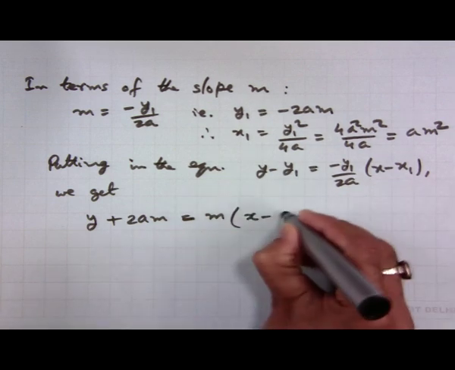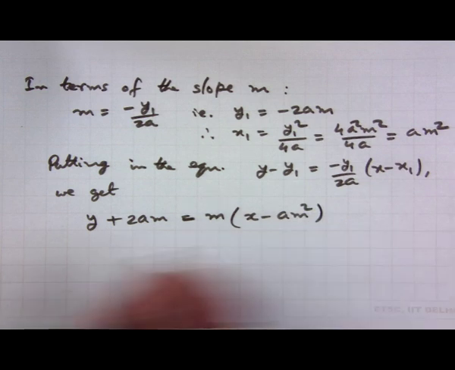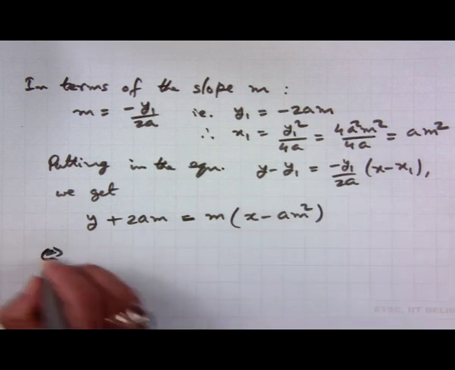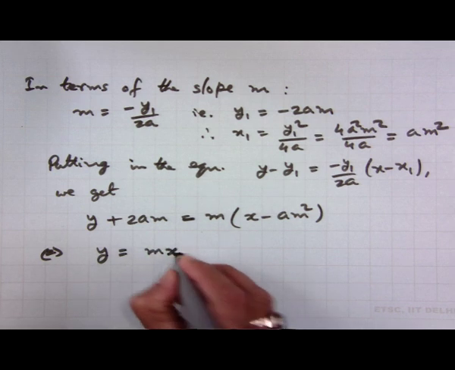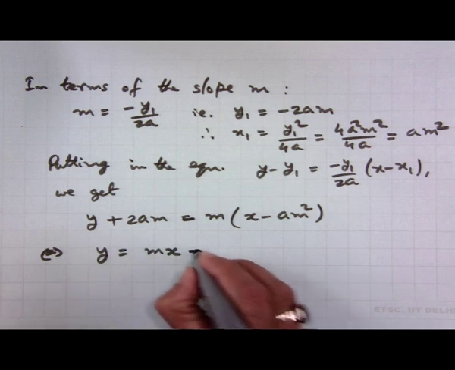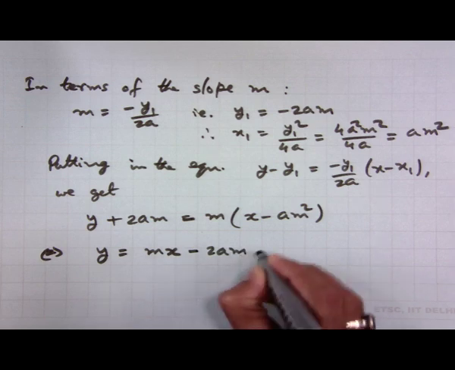So, x minus a m square, which is same thing as writing y equal to m x minus 2am minus a m cube.